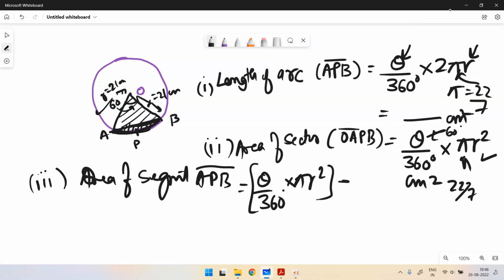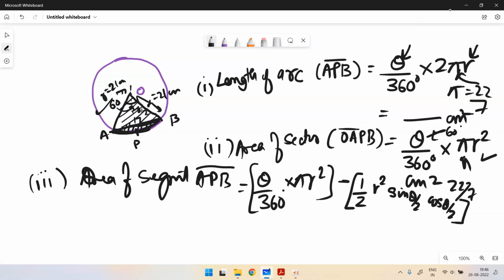The area of this triangle is half r square sine theta by 2 cos theta by 2.